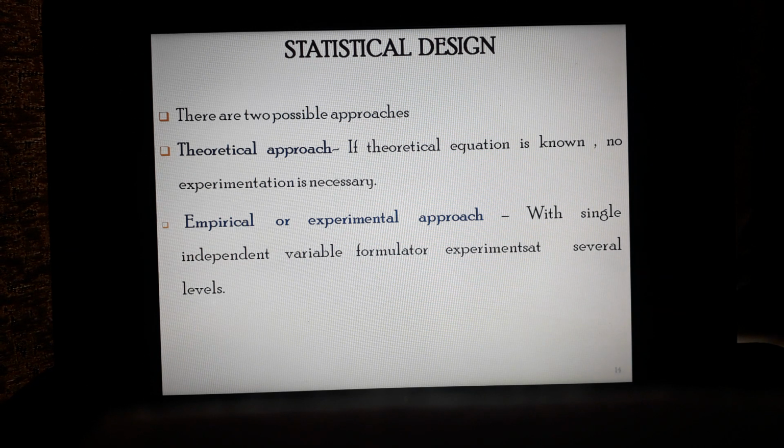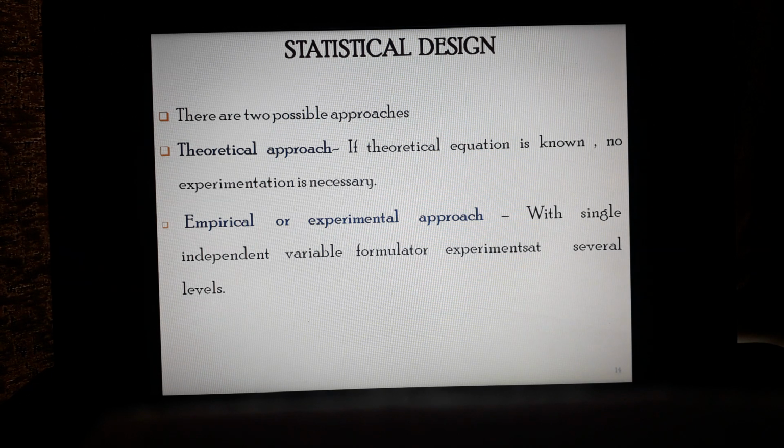to get the statistical design, basically two possible approaches are useful. One is the theoretical approach and the other is the experimental approach. The experimental approach is also called the empirical approach. As far as the theoretical approach is concerned, if the theoretical equations are known to you and no experimentation is necessary, then you can apply the theoretical approach for easily understanding your statistical design.